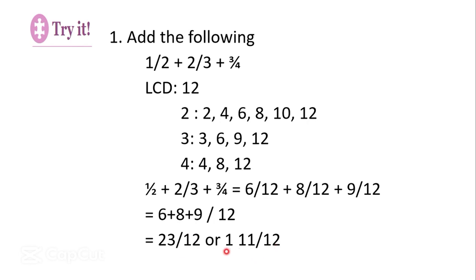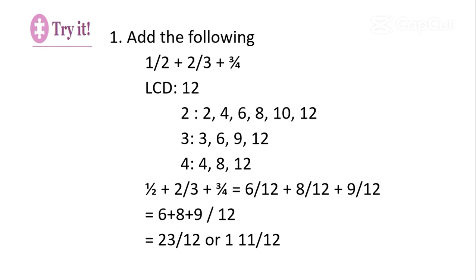So we have 1 and 11 over 12. We cannot simplify it anymore because there is no number that can divide both 11 and 12. Okay? Understood?